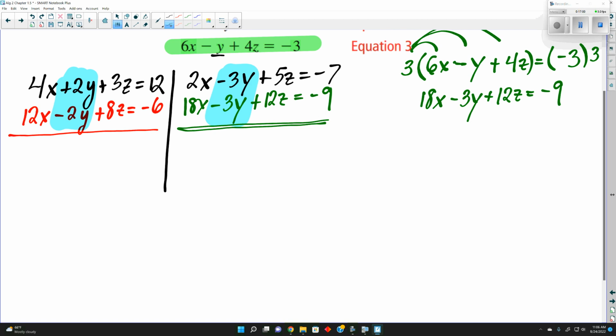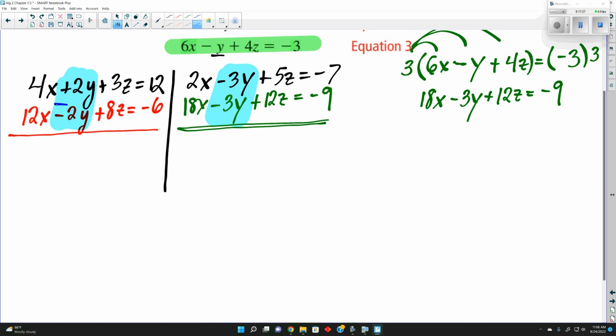Now, we'll look at this one here. So 2y and negative 2y. We want those to cancel out. We want them to become what? 0. So would I add these 2 together or subtract them? So if we subtract, because 2 minus negative 2, the negative and negative make a positive, so we'd have 2 plus 2, which is 4. It's not 0.